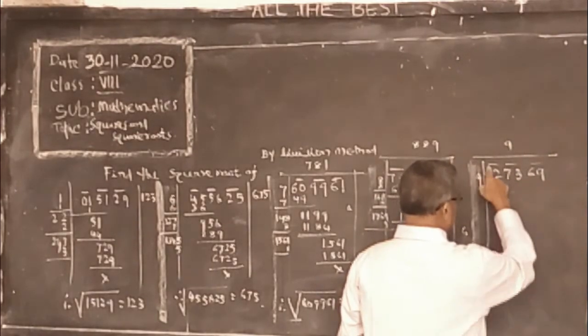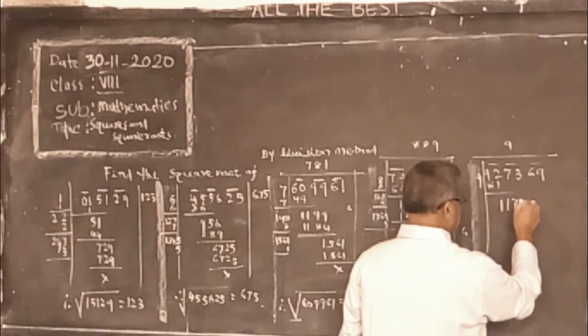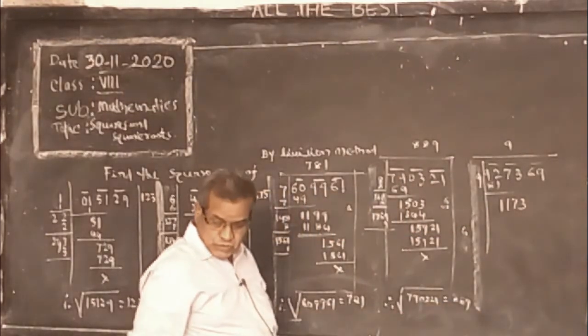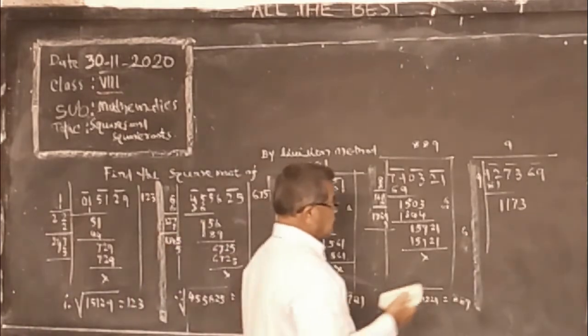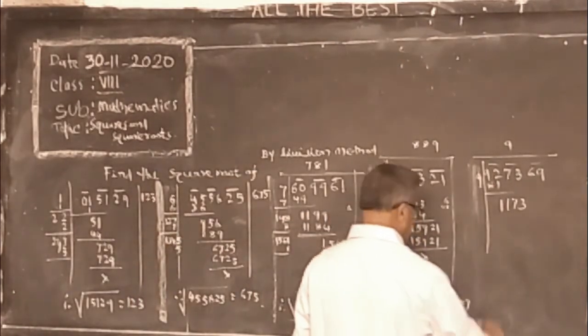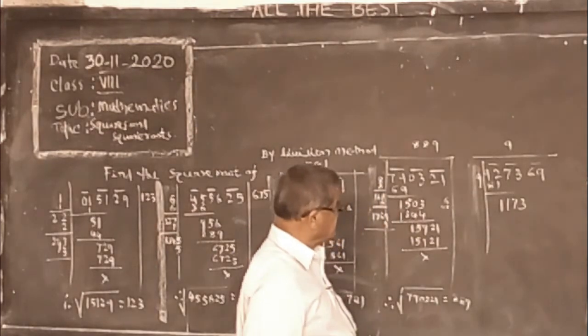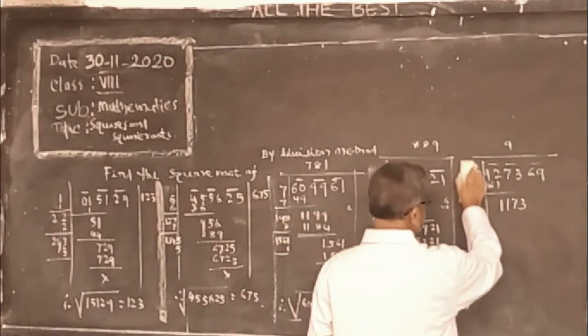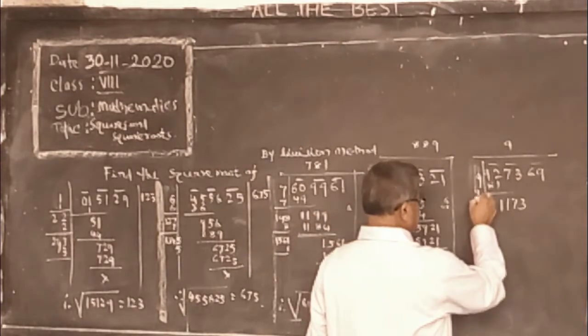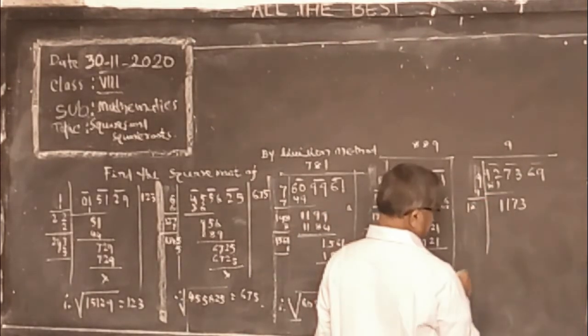Here 1. 9 minus 8 is 1. Take 73. Repeat 9. Add and repeat the same number. 9, 9, 9, add 18.